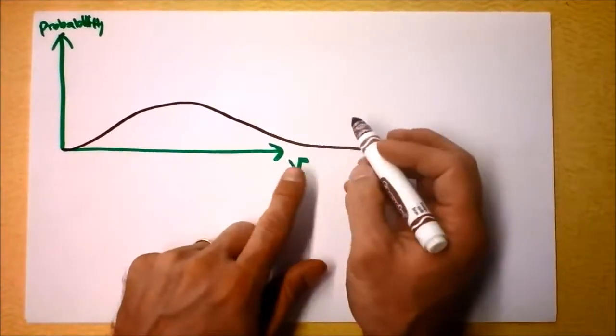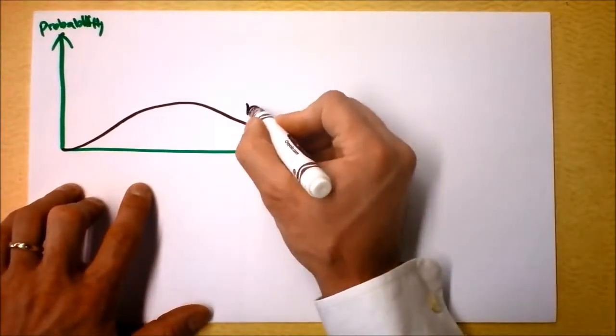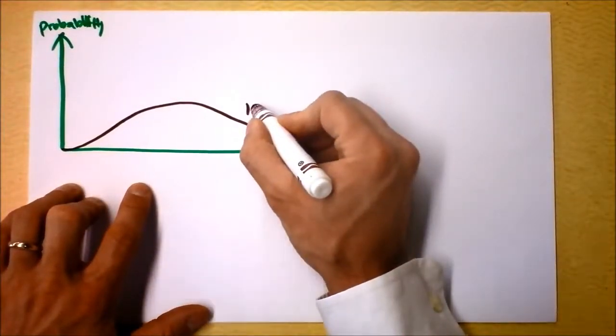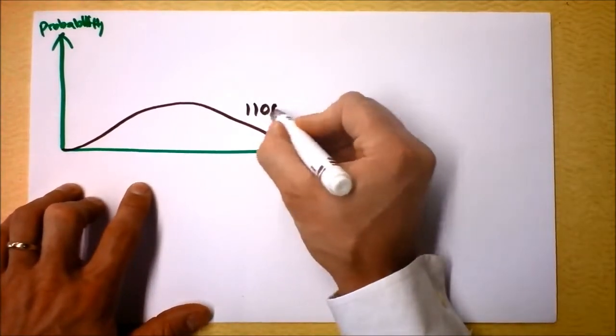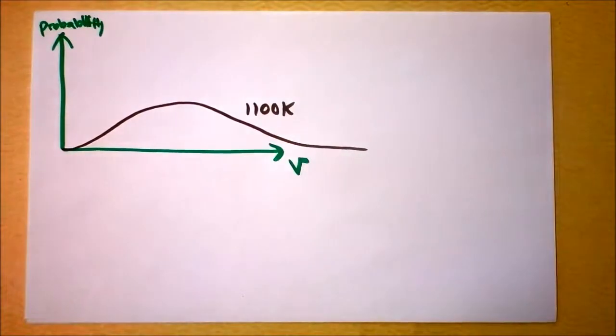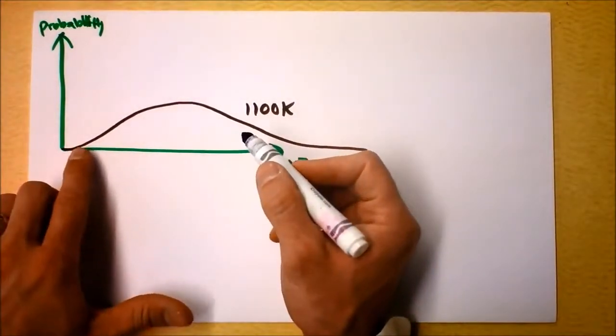But you'll find a lot of fast particles, and this would be a high temperature. Let's say this is 1,100 Kelvin. That's really hot, right? But you could also have a much cooler situation, where on average, the particles would be going much slower.